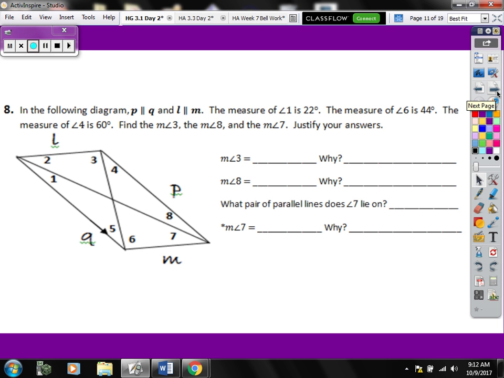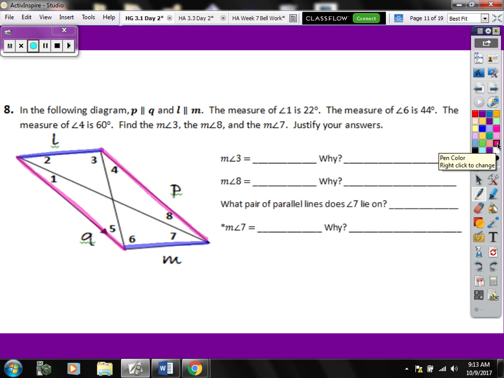In the following diagram, P is parallel to Q and L is parallel to M. So we do have two pairs of parallel lines, which does make this a little bit easier than the last one. So these are parallel and these are parallel. Measure of angle 1 is 22.